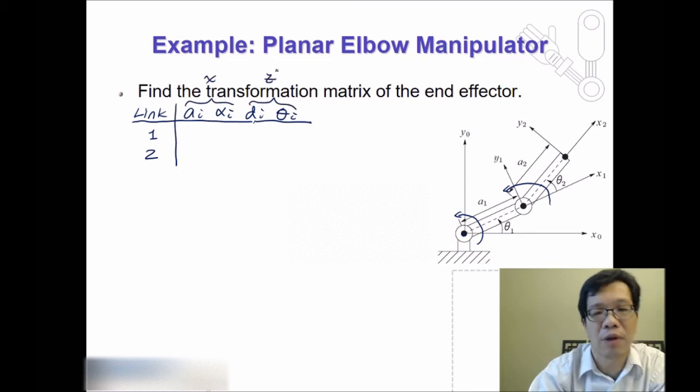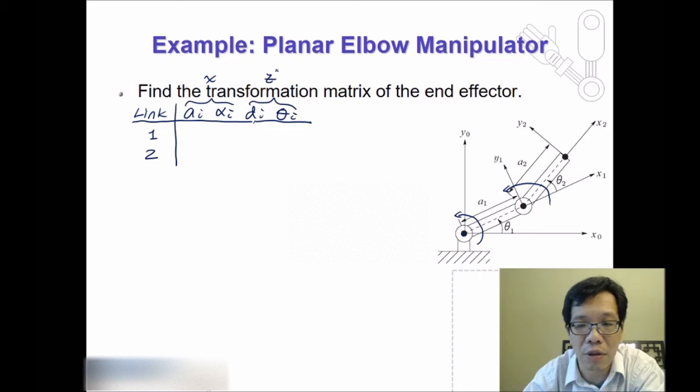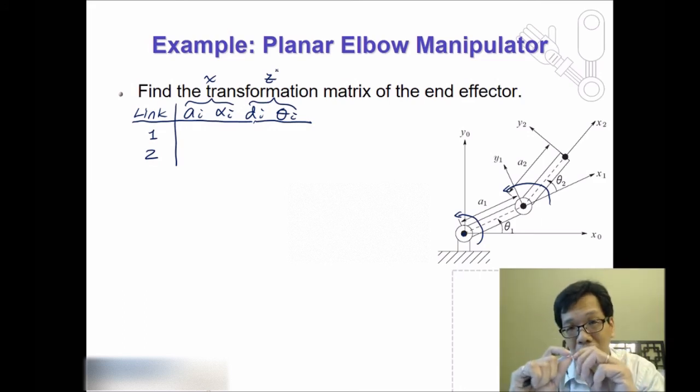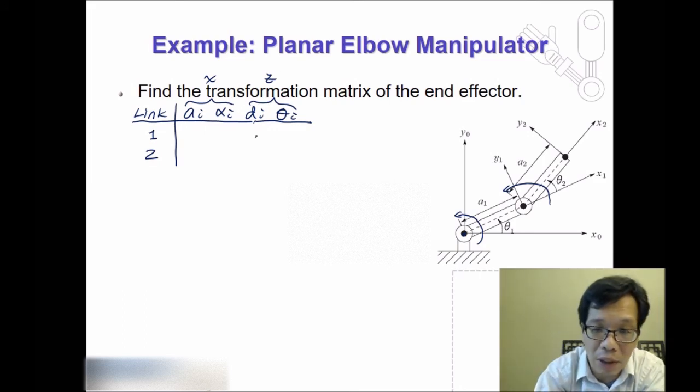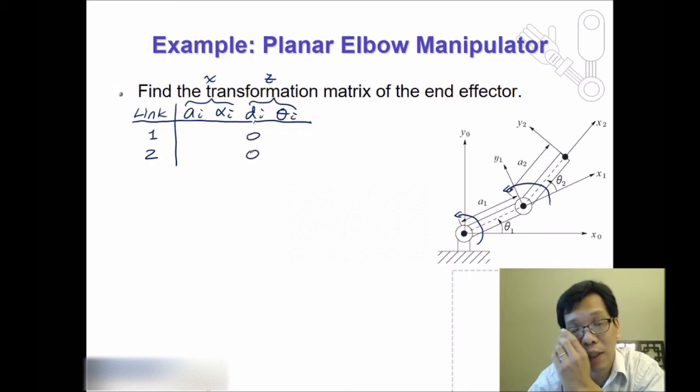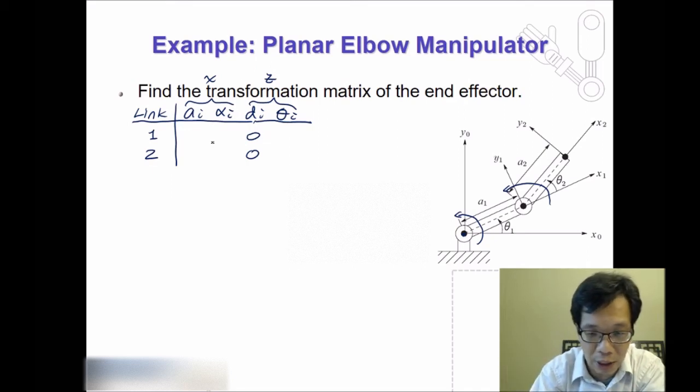Those two are z direction. And since this is a two-dimensional plane and they have no thickness, d is going to be 0. Again, all the z-axes are going to be parallel, so the twist angles are also zeros.